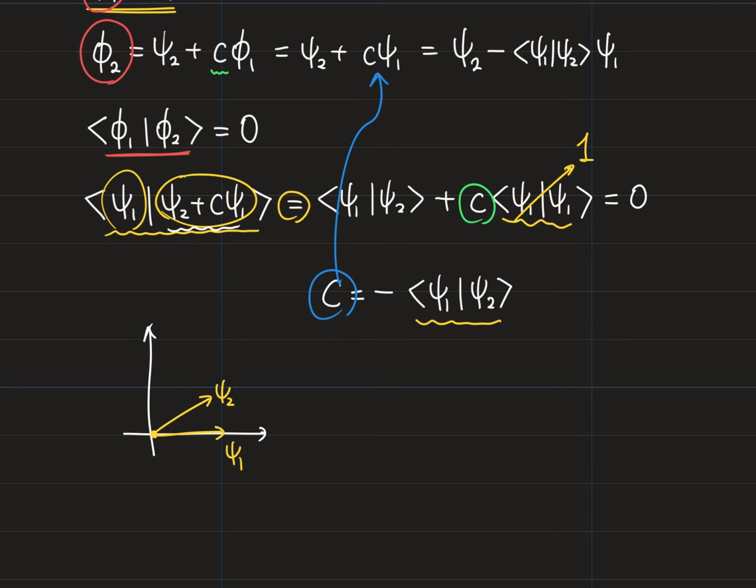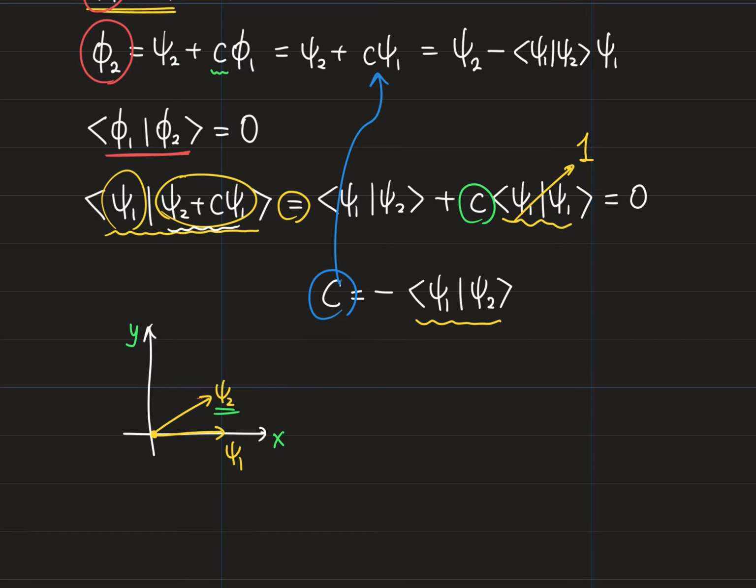One way to make these two vectors orthogonal is to remove the x component in the psi 2 by projecting out the x component.